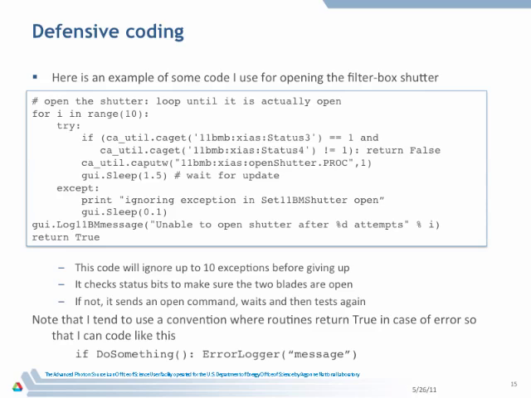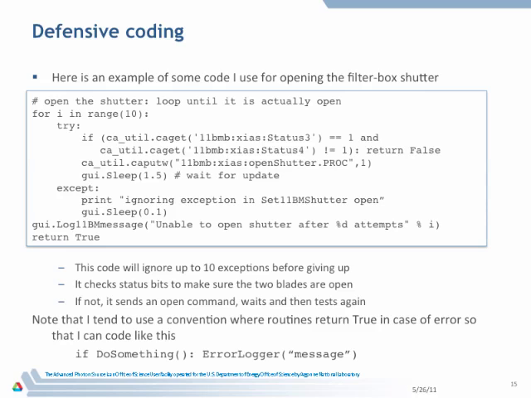Now, what happens if, in the process of this communication, EPICS throws an exception? In this case, it's one of the few cases where I'll break my own rule, and I'm going to use except on every possible exception that I might have, because I really don't like getting woken up at 2 in the morning when the diffractometer fails to open the shutter.